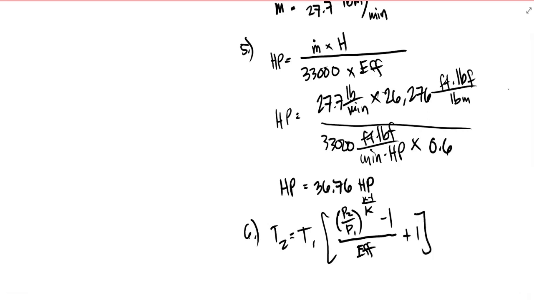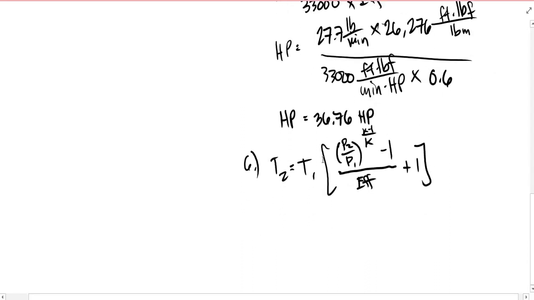Okay, so let's solve. Substitute natin yung values. So T2 is equal to, yung T1 natin is 560 Rankine.